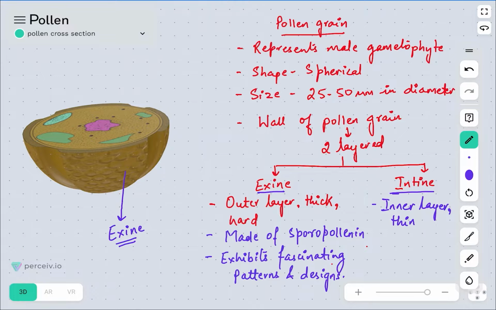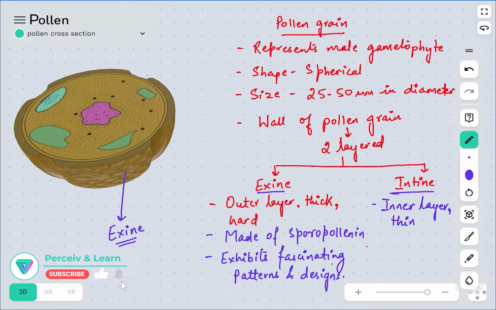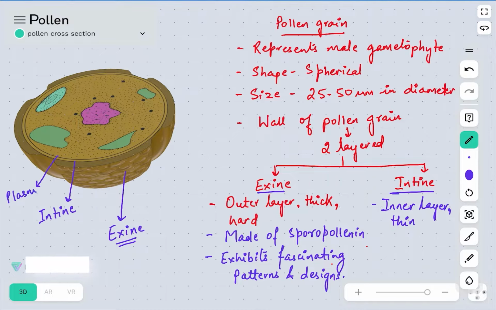If I flip this model a little bit like this, this layer you can see is the intine, which is just next to the plasma membrane. So next to the intine layer is the plasma membrane.